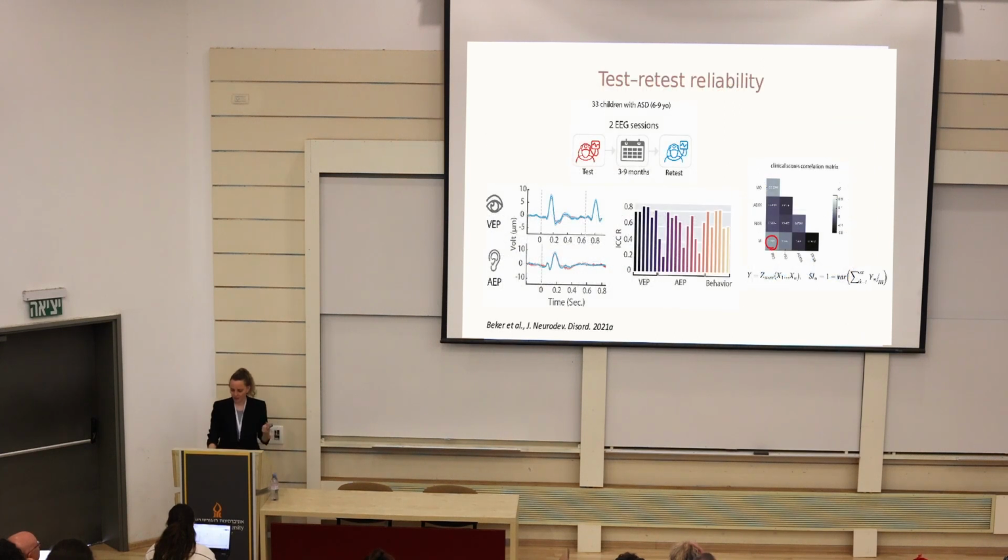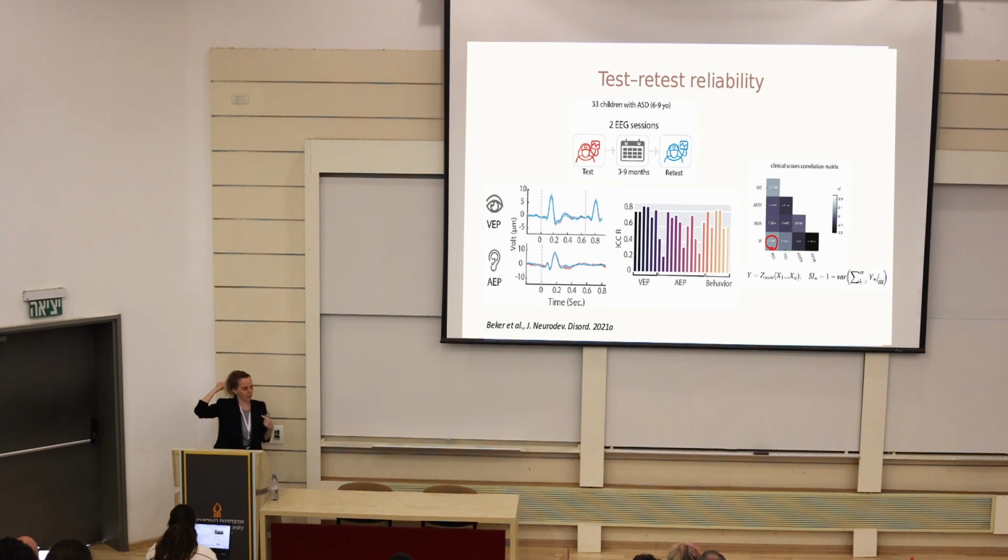Having in mind that we aim to develop effective biomarkers, test reproducibility is critical. So for this, in a separate study, we tested how reliable EEG and behavior from children with autism is over time. Participants with ASD came to the lab. There were 33 participants, tested at 2 separate times up to 9 months apart. They did exactly the same tasks, which include cognitive tasks.